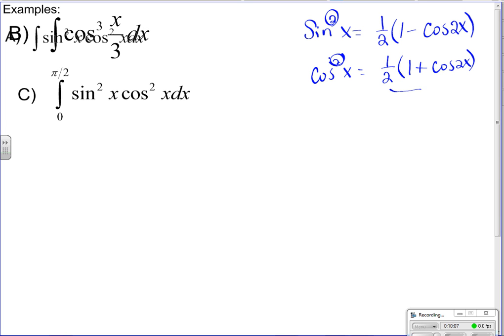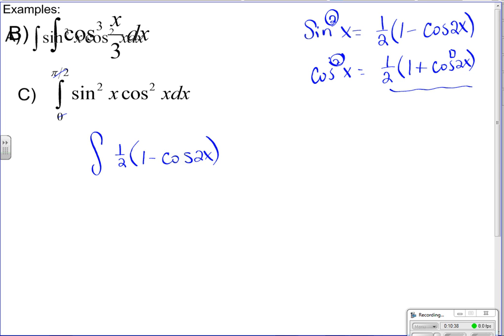But I can get it over in here where I do not have any more powers. The power is 1. And cosine of 2x, that's not too bad to deal with when we're integrating. So this integral, I'm going to deal with the definite part of that later. So right now, I'm just going to focus on getting this integrated. Sine squared x can be replaced with a 1/2 of 1 minus cosine 2x.